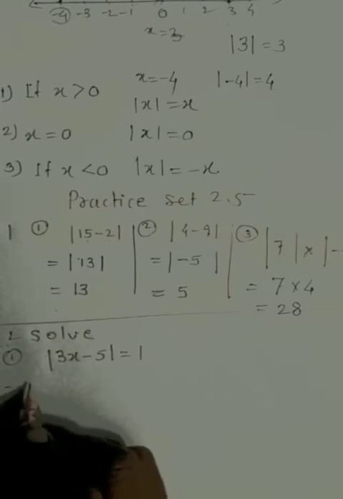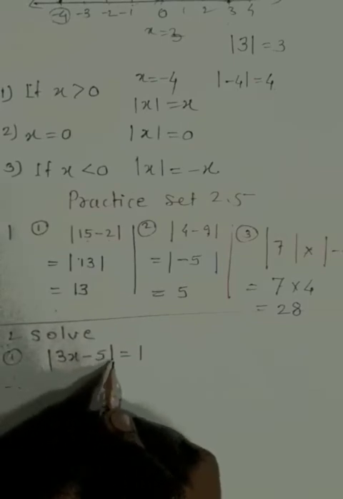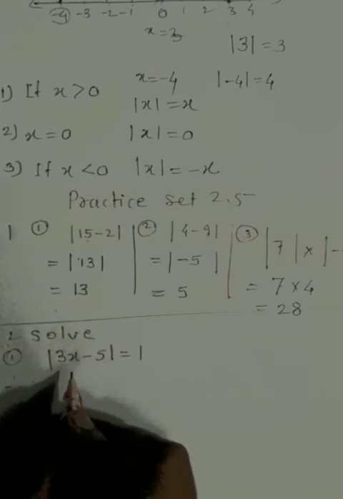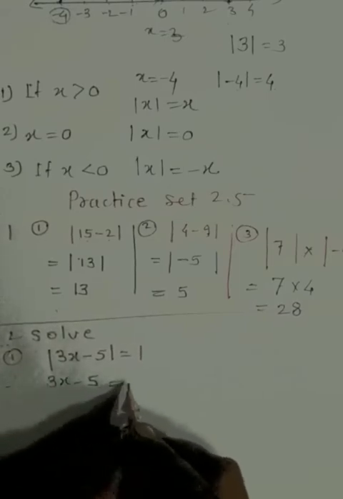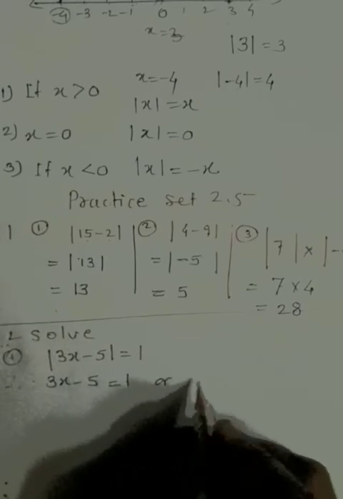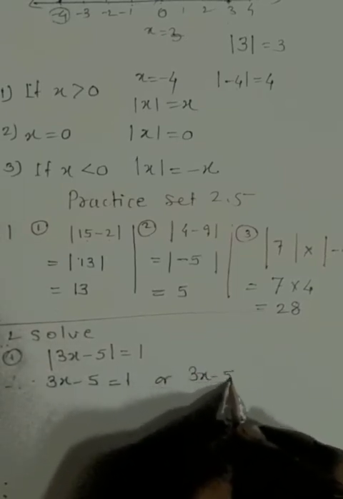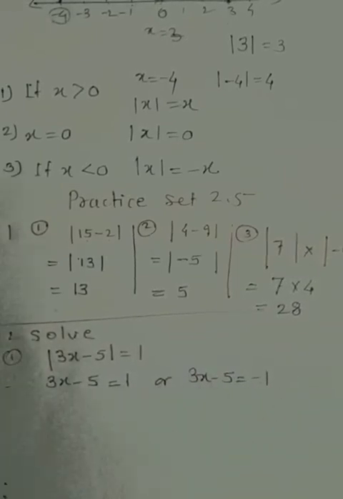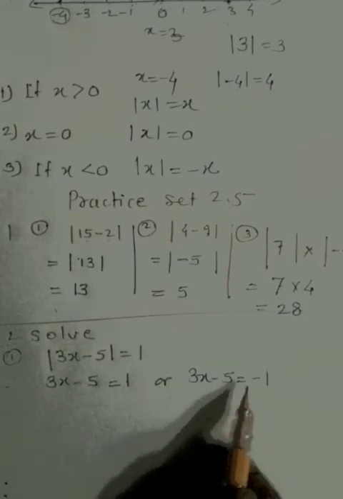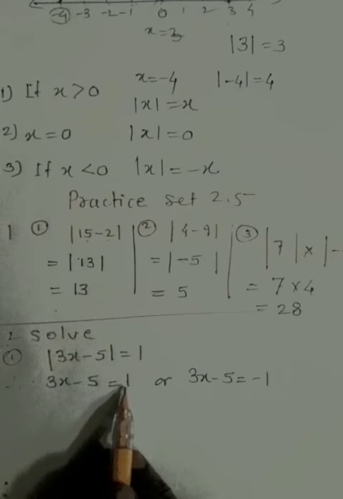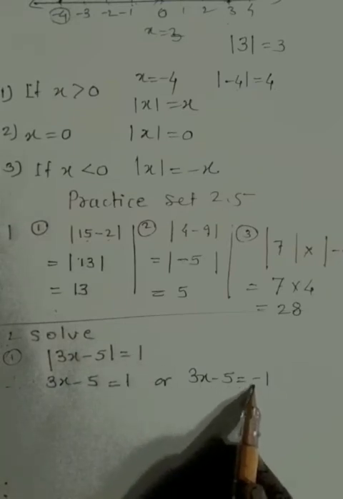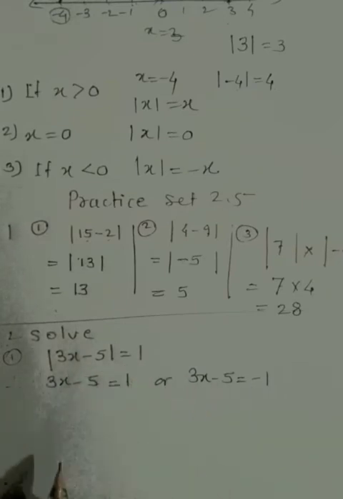Therefore, removing the absolute value, we write 3x minus 5 is equal to 1 or 3x minus 5 is equal to negative 1, because their absolute value is always positive 1. The absolute value of 1 is 1, and the absolute value of negative 1 is also 1.